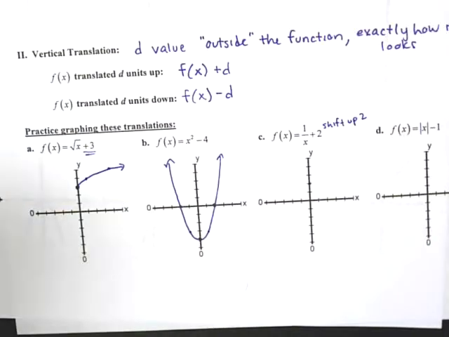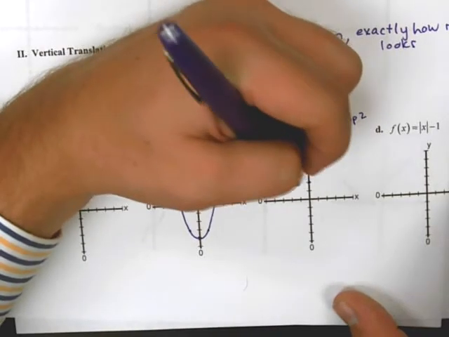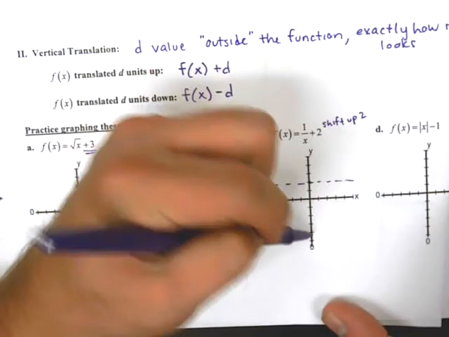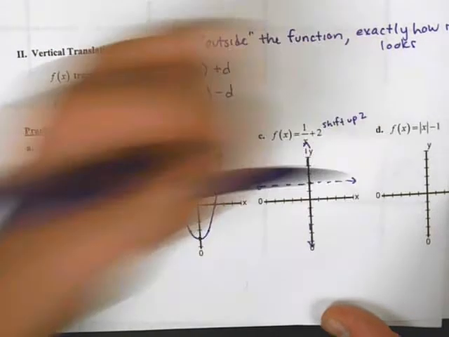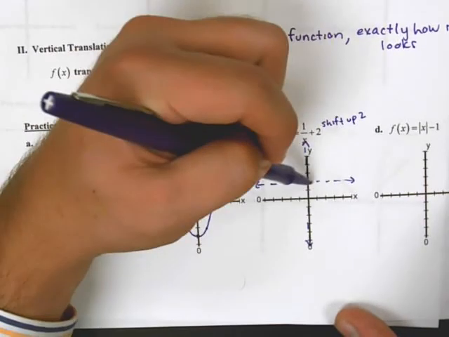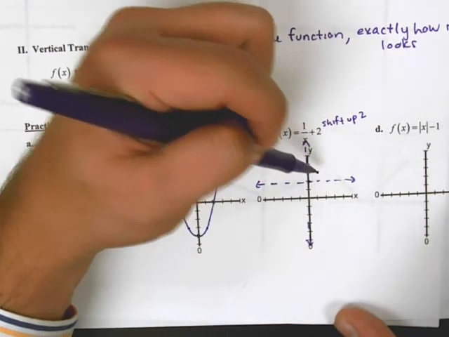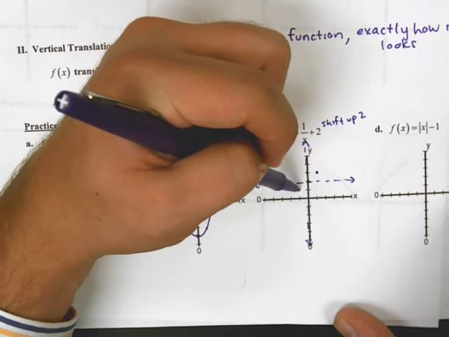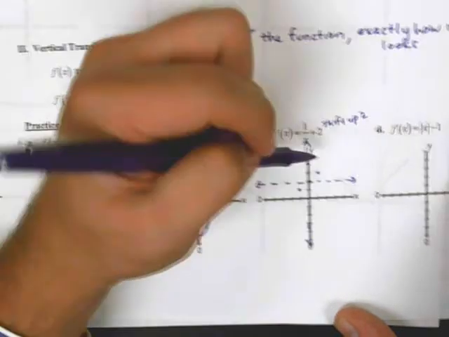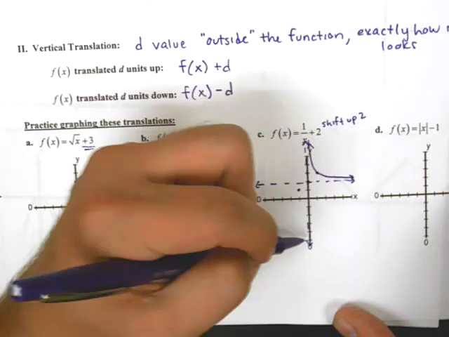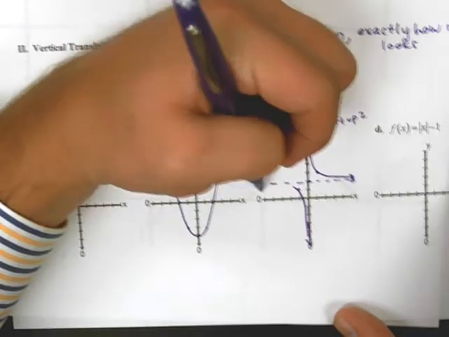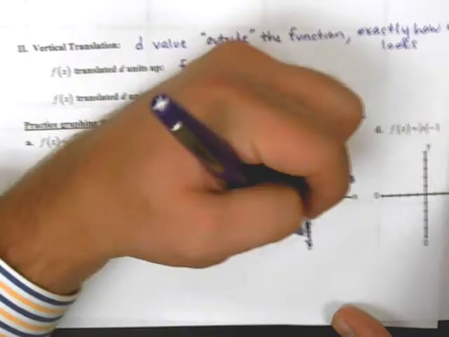So I know that I can put in my asymptotes right there, and I know that from this new origin I will have a point 1, 1, or a point -1, -1, and then really I just want you to sketch the curve. Doesn't have to be perfect right now. Okay?